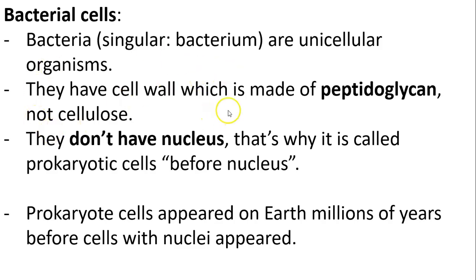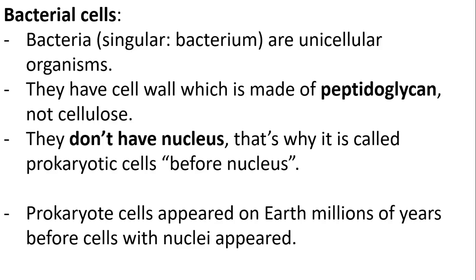Okay, they have cell walls, but those cell walls are not made of cellulose like plant cells. It's made of another type of structure called peptidoglycan, not cellulose as I just said. They don't have nuclei, so this makes them prokaryotic.